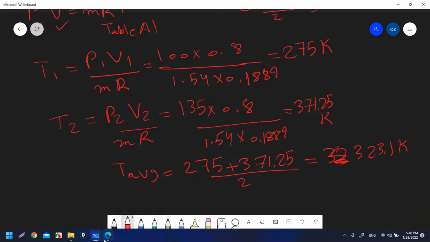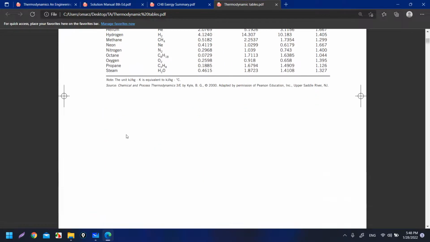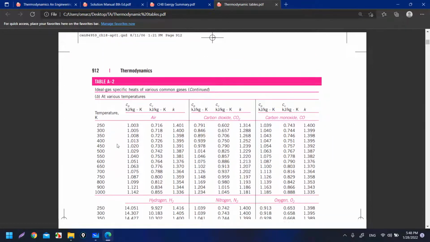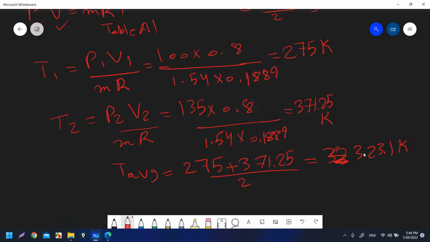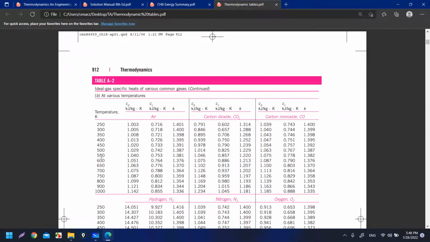Then you will go to table A2 at the various temperatures. We have carbon dioxide, so we are looking here. Our temperature is 323, it is between 300 and 350, so here between these two numbers. We made an interpolation in the previous question.